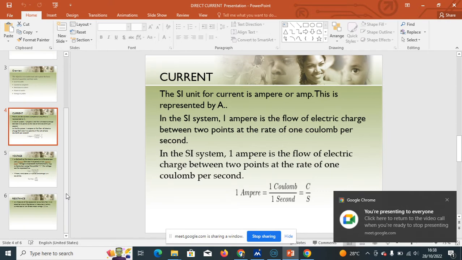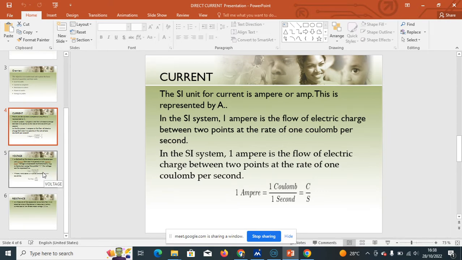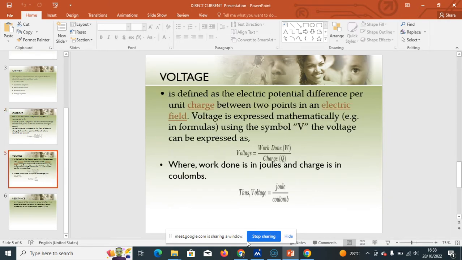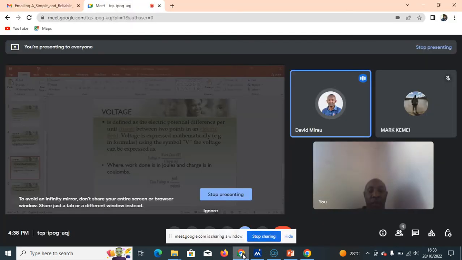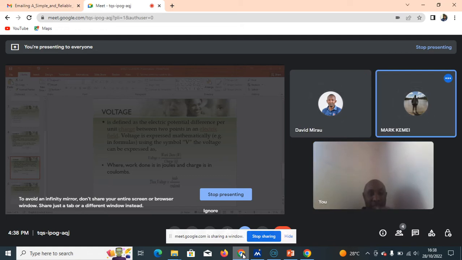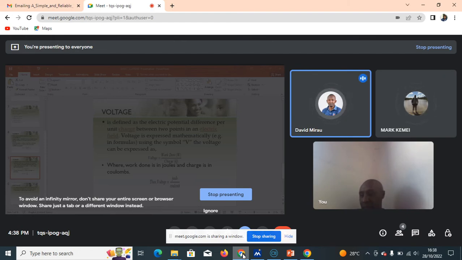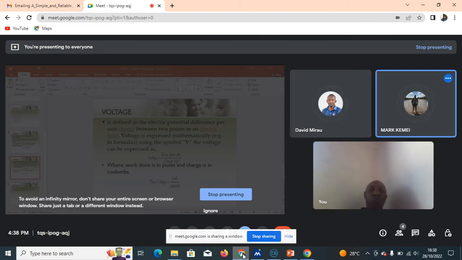Yes, the SI unit for voltage is V. And you have said what voltage is. Yes, that's a very good answer. Voltage is the potential difference between two points.